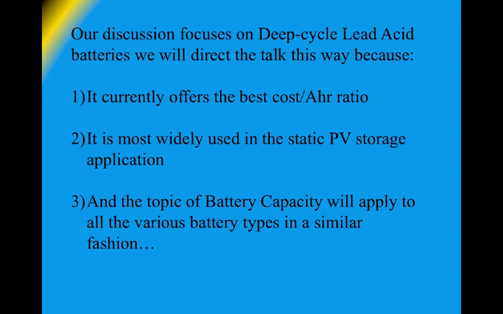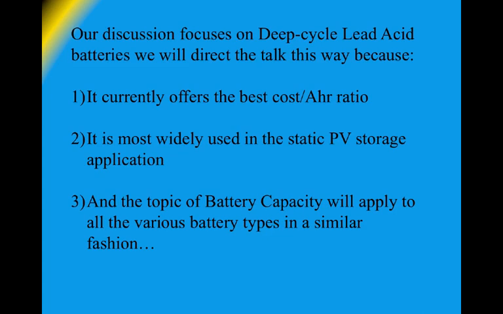Currently, lead acid batteries are still the best cost per cycle life per amp hour, and so that's why we'll focus our discussion there. They're the most widely used in our static PV storage applications, and the discussion of battery capacity will actually apply to all the various types in a very similar fashion.